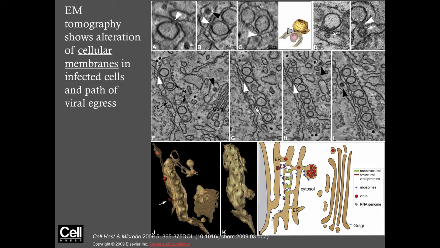The current model is that the replication is actually occurring within these circular structures, which are topologically related to the cytosol, and then the budding goes through the ER membrane, and then you have the enveloped virus within the ER.